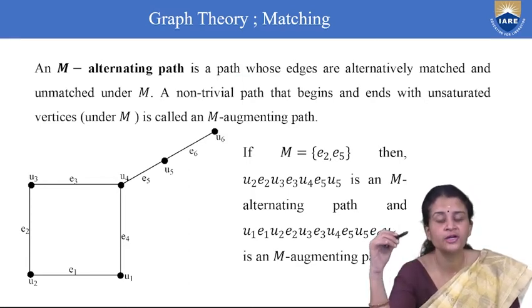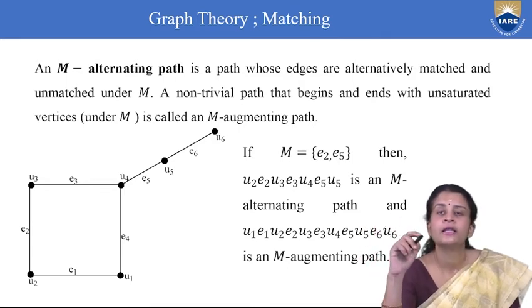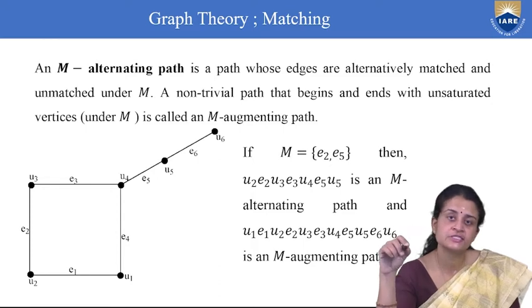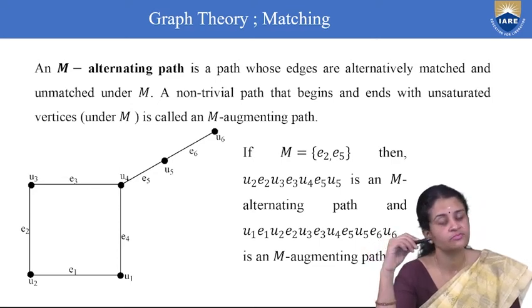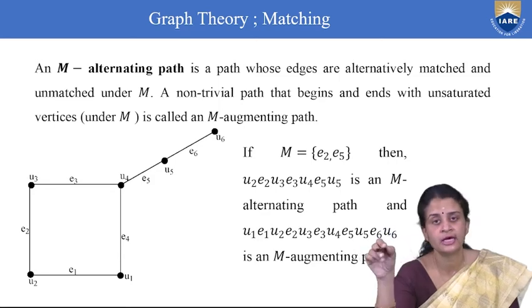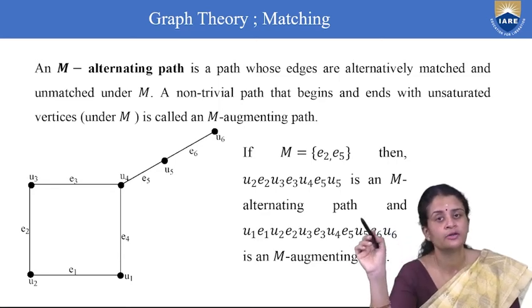That is, if you are given a matching, matching means a set of edges, and an M alternating path means a path whose edges are alternately matched and unmatched. We have seen what matched and unmatched are. So if one edge is in the matching, the next edge will not be in the matching, then the other will be in the matching.